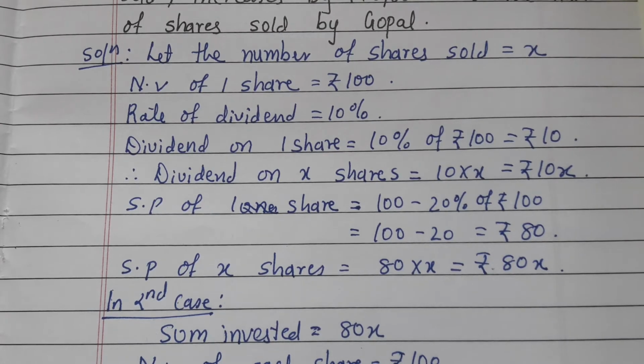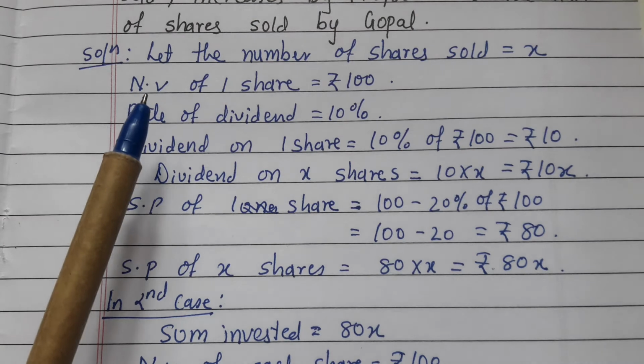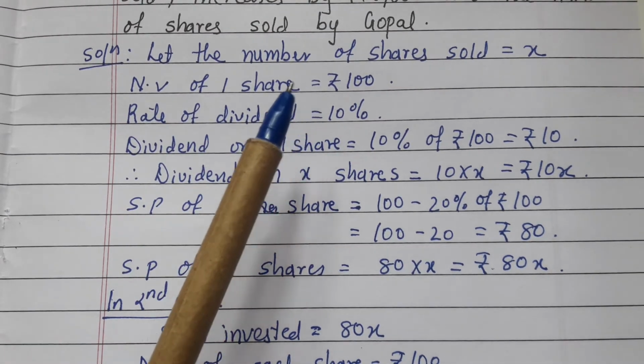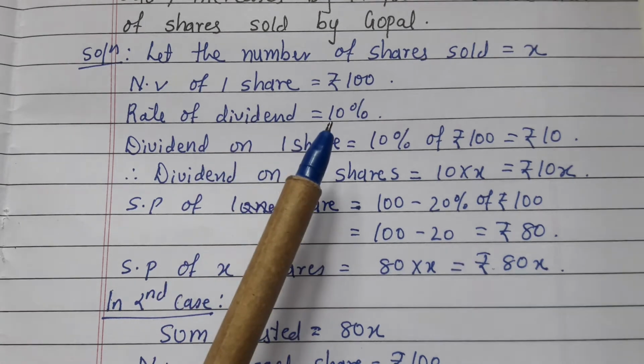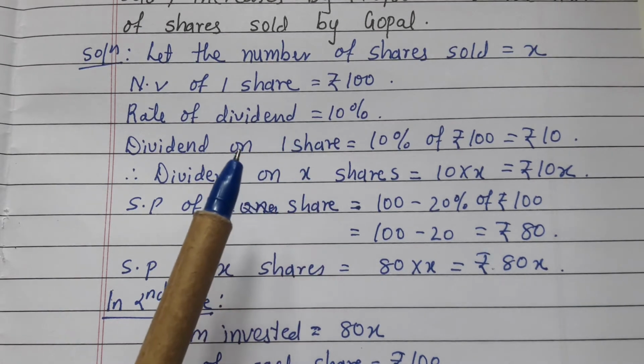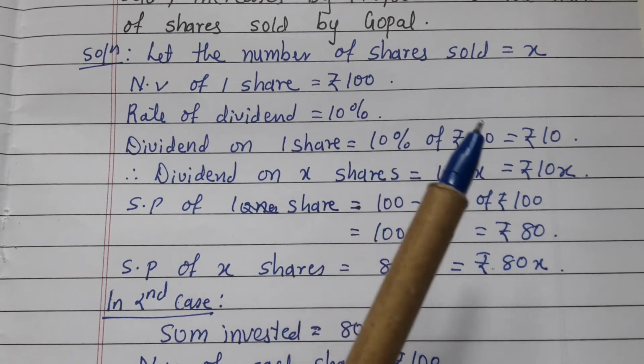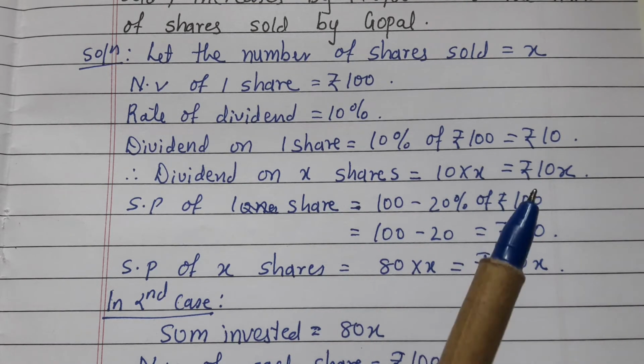Let the number of shares sold be equal to x. NV of one share is rupees 100. Rate of dividend 10%. Therefore dividend on one share is 10% of rupees 100, rupees 10.